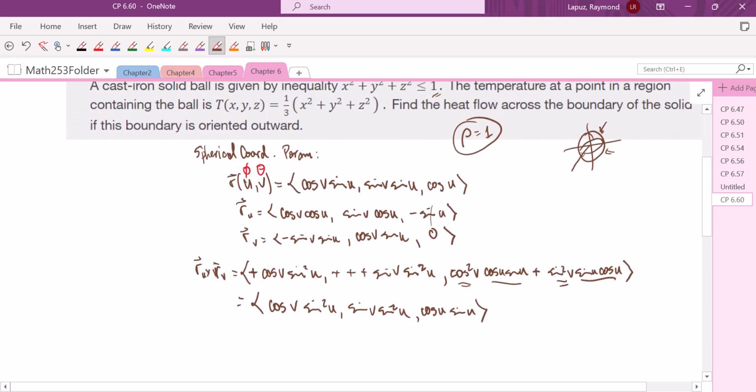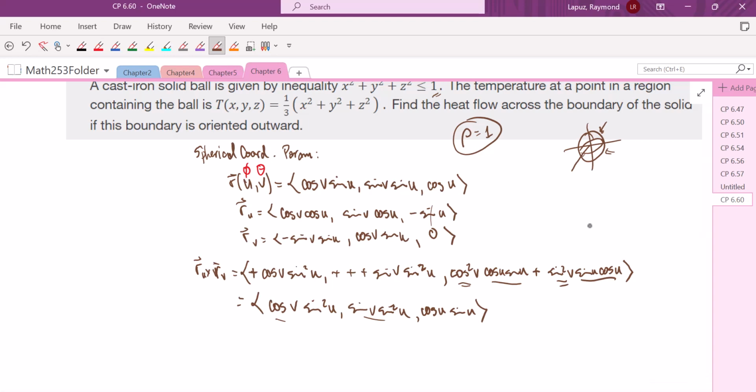To guarantee that this has an outward orientation, we want to make sure that we have the sine and the cosine following the system here.